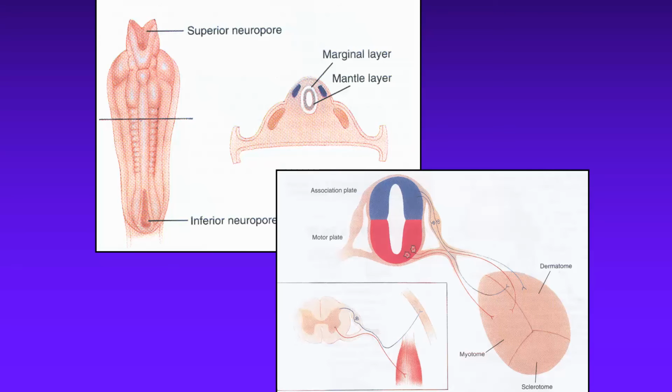All I want you to see here is our neural tube, and here it is further developing. All this red and blue was the mantle layer, okay? The outside of this is your marginal layer that you're barely seeing right now, the white matter. But the red and blue divide into the motor plate or basal plate and the association or alar plates.